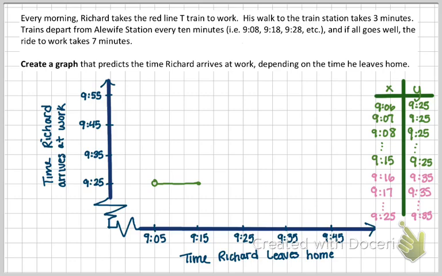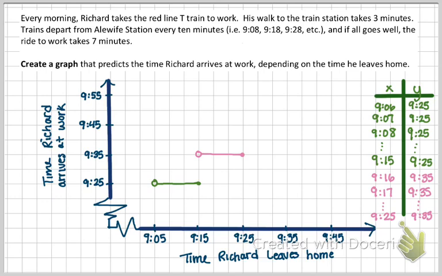But then once he leaves at 9:16, he will get to work at 9:35. So I'm going to draw an open circle here. And these are the times in which he can leave in order to get to work at 9:35.